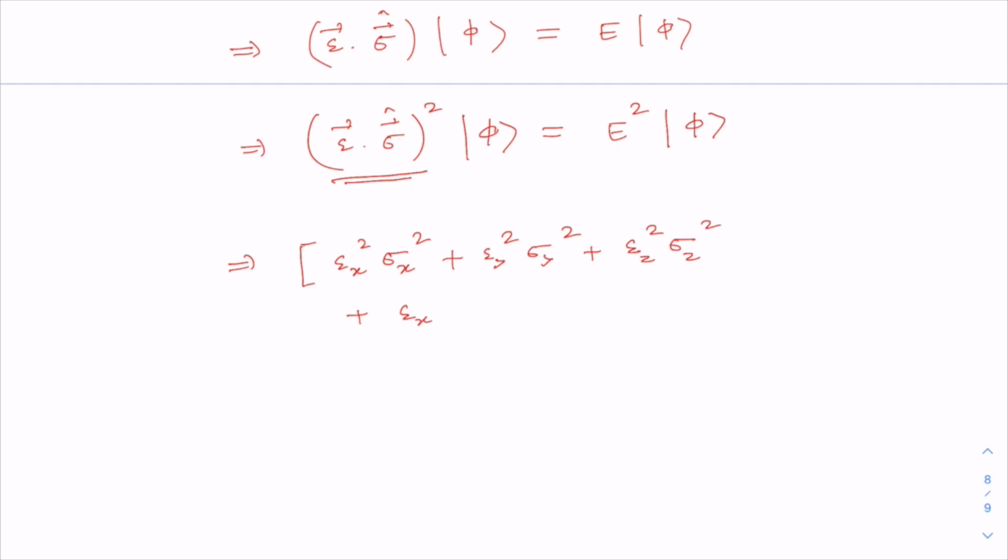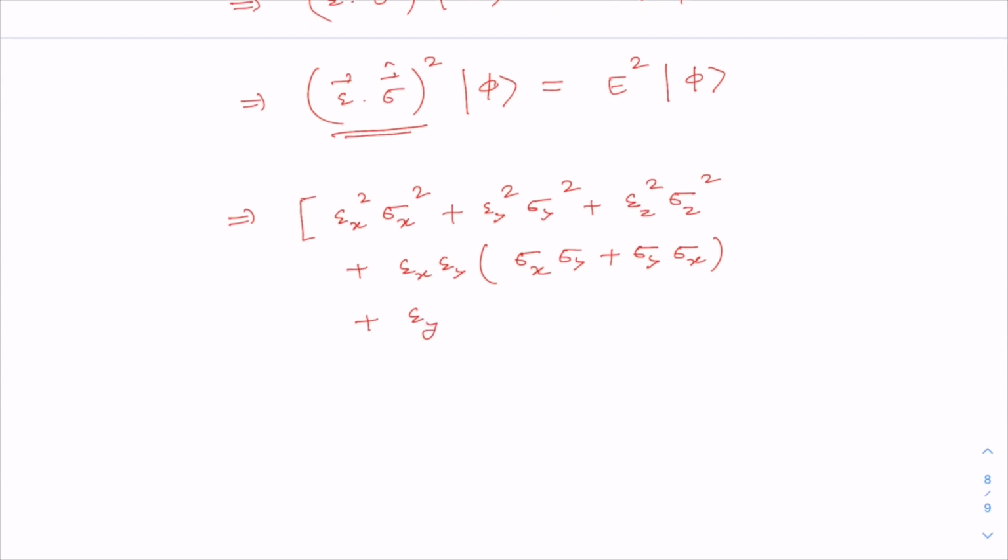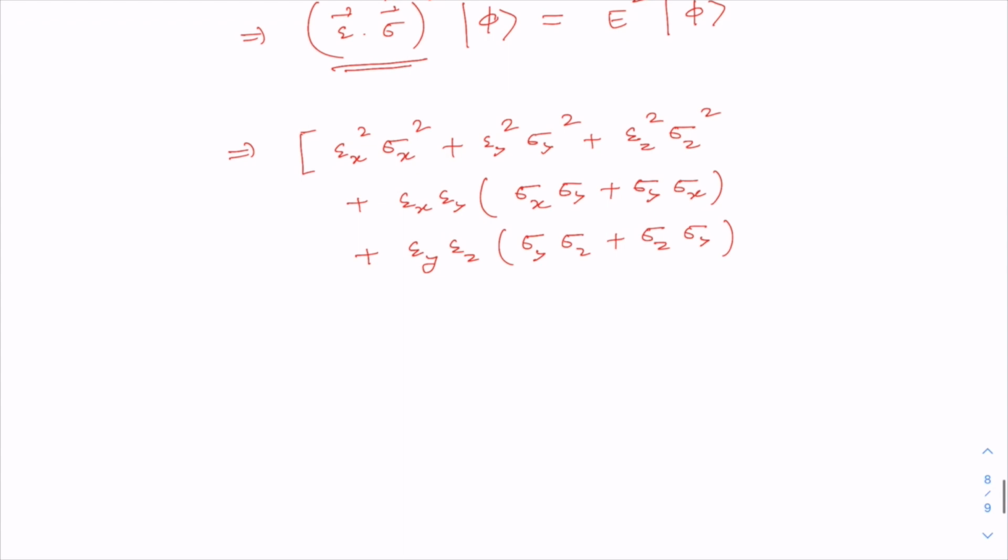Then we'll have epsilon x epsilon y into (sigma x sigma y plus sigma y sigma x). Then epsilon y epsilon z (sigma y sigma z plus sigma z sigma y). All these are operators, Pauli matrices, and finally epsilon z epsilon x (sigma z sigma x plus sigma x sigma z). This is applied on ket phi, and we have E square ket phi.